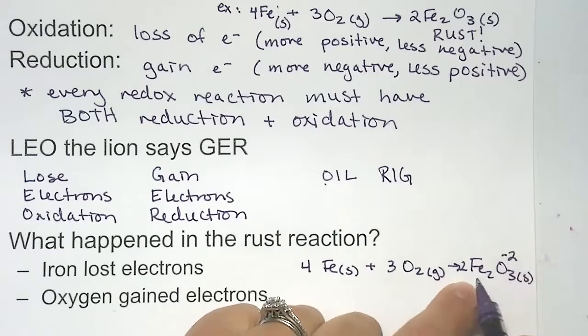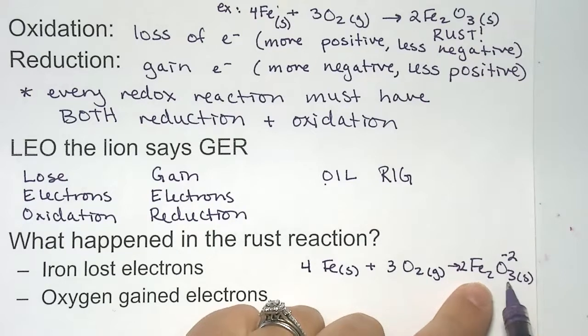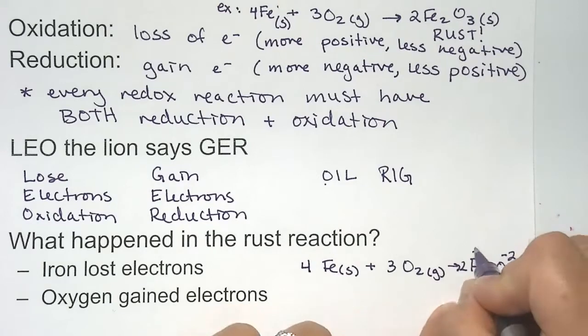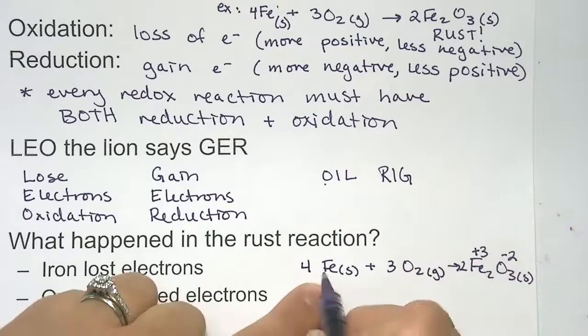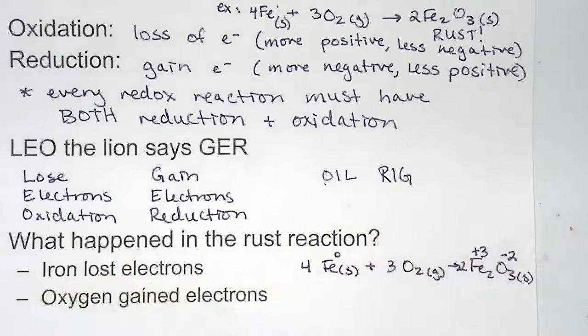So what do we have to have on iron? No, think about the subscripts. Iron has to be +3. Very good. Okay, iron started as 0 because any element that's by itself doesn't have a charge.